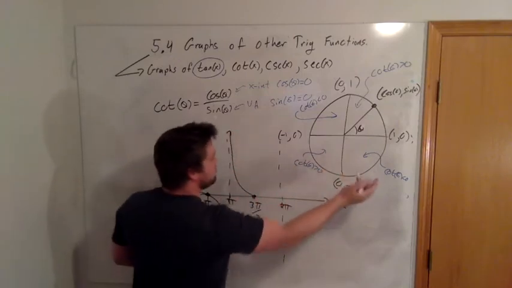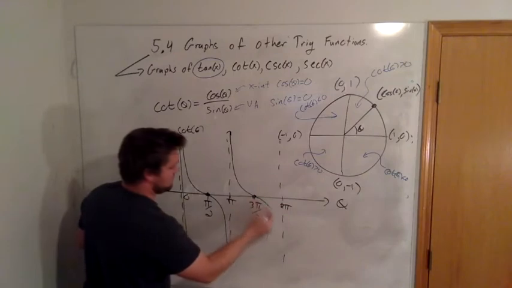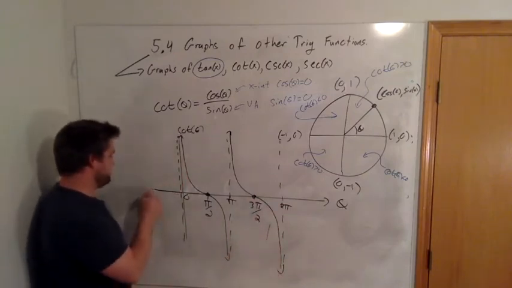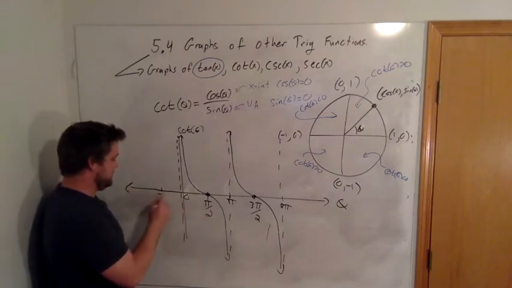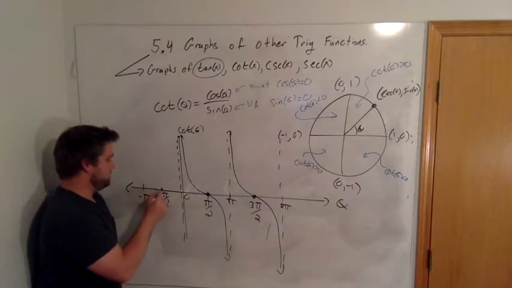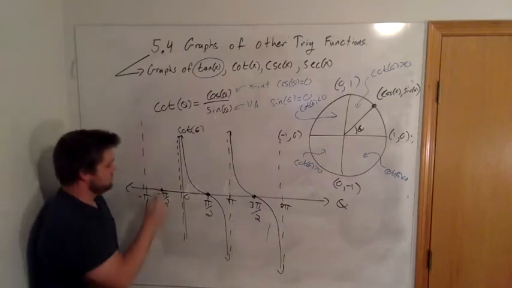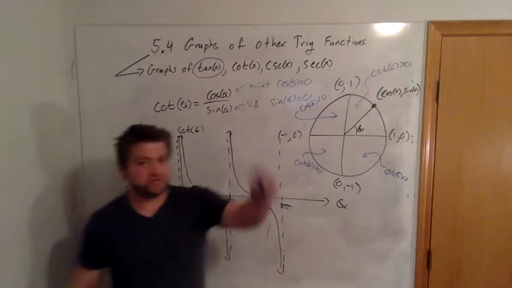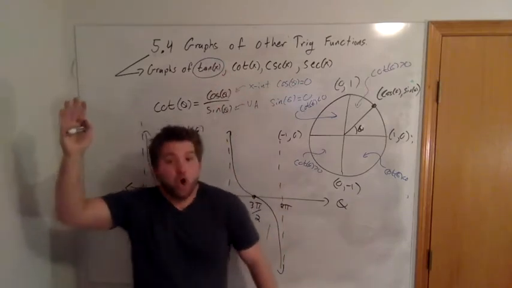And in the fourth quadrant, cotangent is negative. So here we have it. Here's the graph of cotangent. We can go backwards if you like. So let's see what negative pi over 2 and negative pi, x-intercept, asymptote. So cotangent is like this.